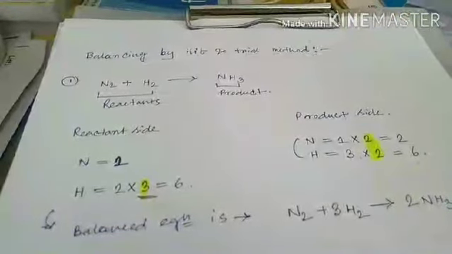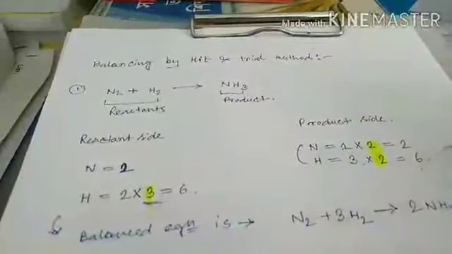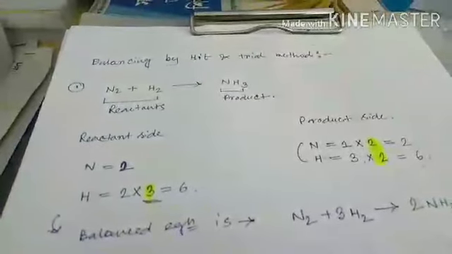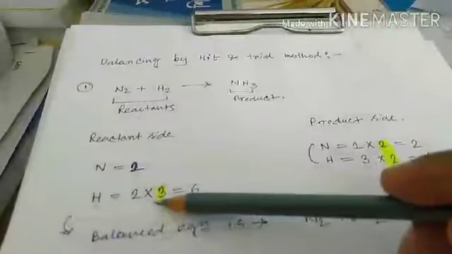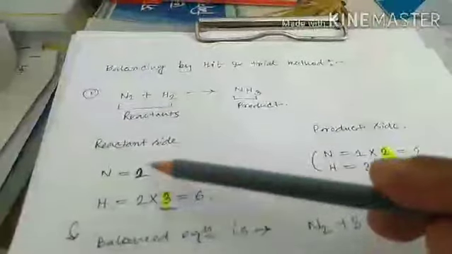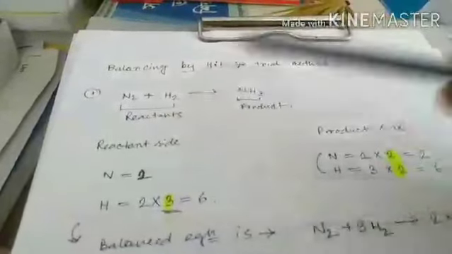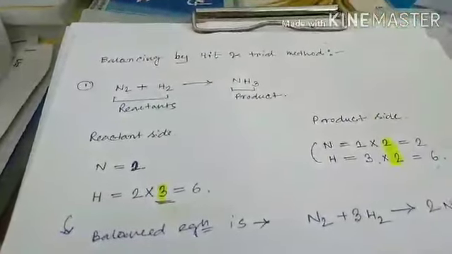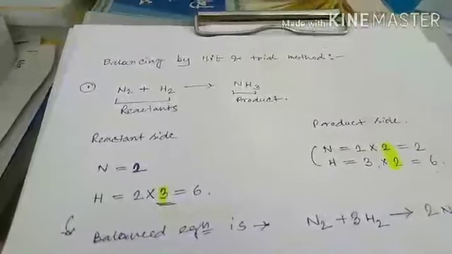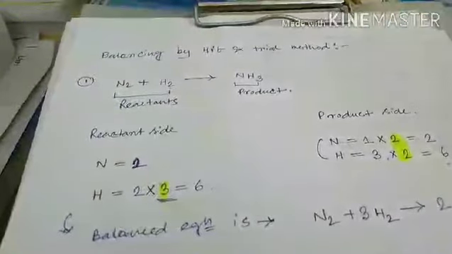So here the number of atoms of hydrogen is also 6 and the number of atoms of hydrogen in the product side is also 6, so that makes it equal. But in this case we are only multiplying with 3 for hydrogen, not for nitrogen, because in the reactant side the nitrogen and hydrogen are separate entities, they are not bonded together, so we can easily multiply one and leave the other in the similar format.